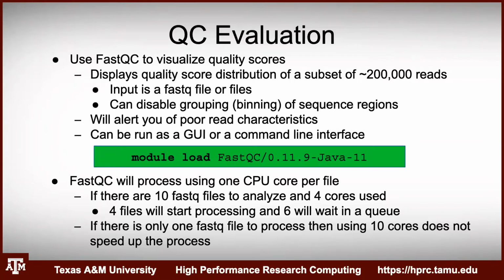And then when one of those 4 files is done running, it'll pick up another one and process those as each one's completed until all the files have been processed. If you only have one FASTQ file that you need to assess the quality of, then using 10 cores doesn't speed up the process, right? So it's a good idea to know exactly what's happening before you submit the job and request 10 cores when in reality only one would be used.